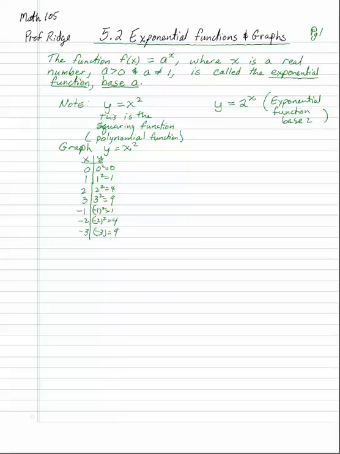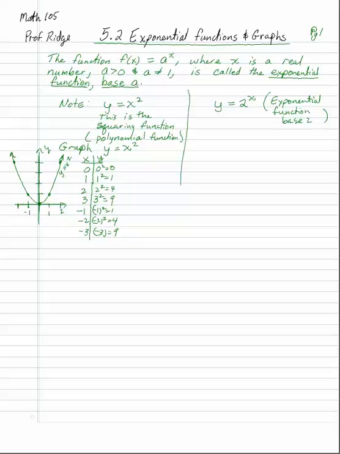And if we plot that, that will make a parabola. So we got 0, 0, 1, 1, negative 1, 1, 2, 4, and the mirror image, negative 2, 4, and we get this parabola. You should be pretty comfortable with graphing y equals x squared. No big deal. Now, y equals 2 to the x, what would that look like?